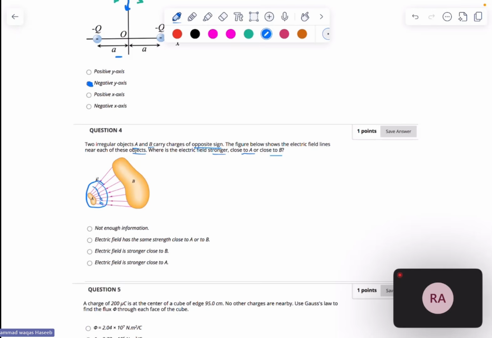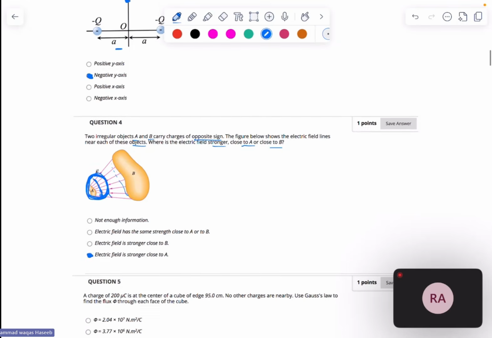So the field lines are closer and denser with respect to A as compared to B. So the electric field is stronger closer to A.